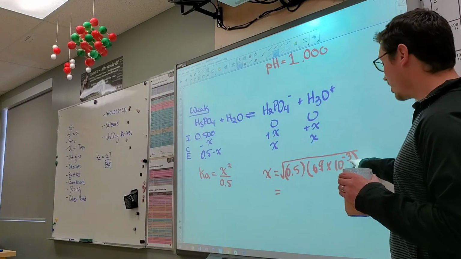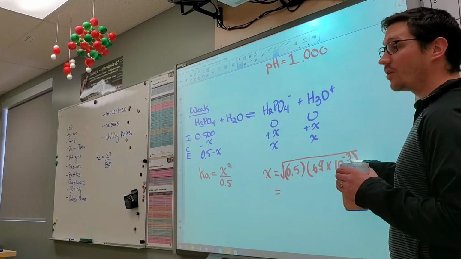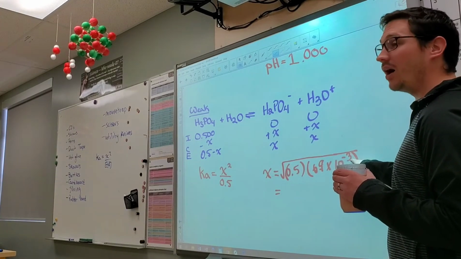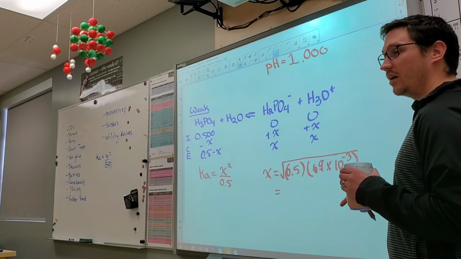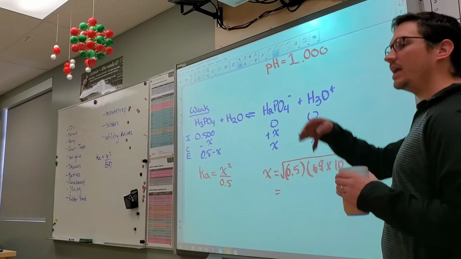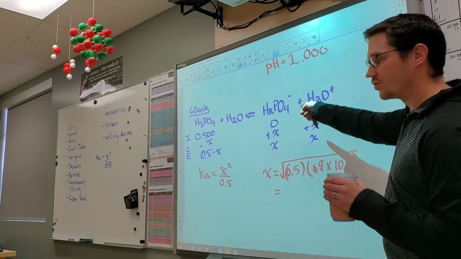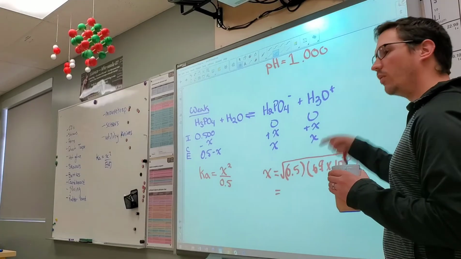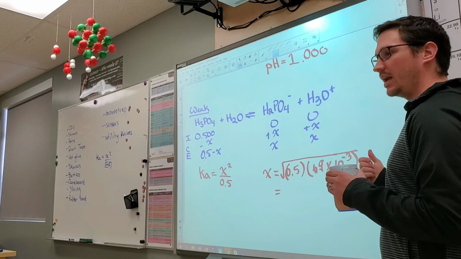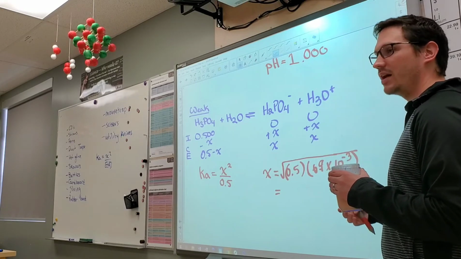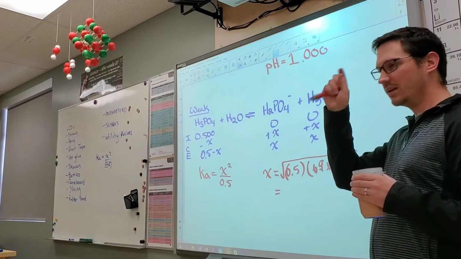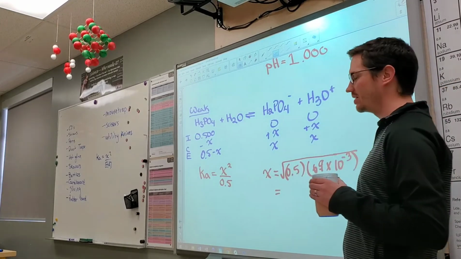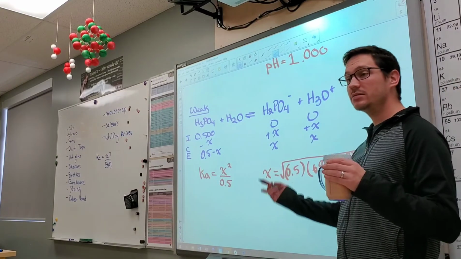So it doesn't really matter. It's about 100,000 times weaker than this acid. So if let's say we gain 10 hydronium ions this time, now the next time we'll gain 10 divided by 100,000. So the next change is so little that it doesn't really matter. Hopefully that makes sense.